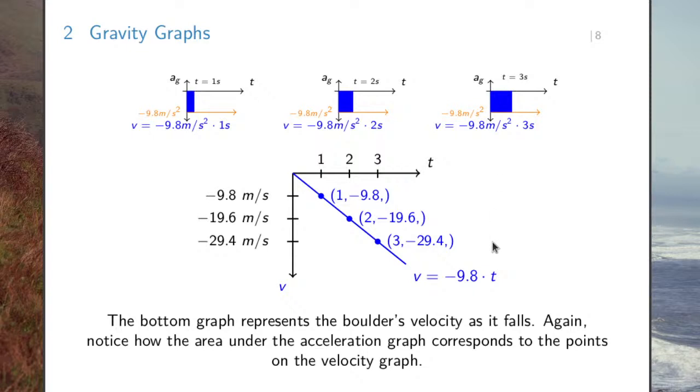And I want to make this point again because we're going to utilize this notion of area later to figure out the height. If we go back to this graph, right here we have the acceleration graph. The area between the graph and the curve is the accumulated velocity. And so eventually what we're going to do is use that same idea.